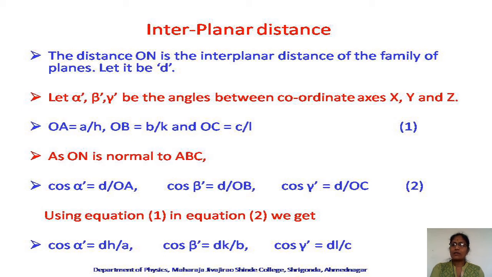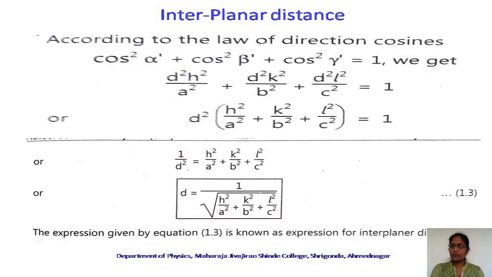As we know that cos square alpha plus cos square beta plus cos square gamma is equal to 1, substituting these values here, you will get d square h square upon a square plus d square k square upon b square plus d square l square upon c square is equal to 1. We want to find the value of d.